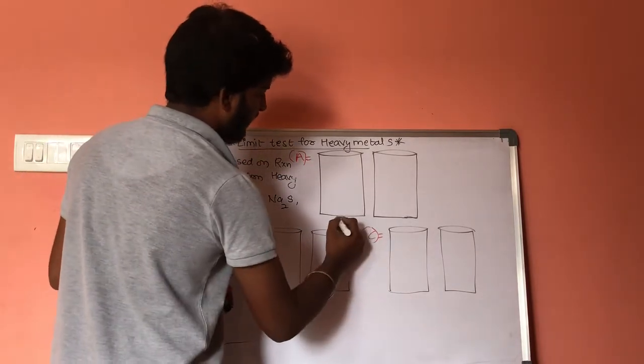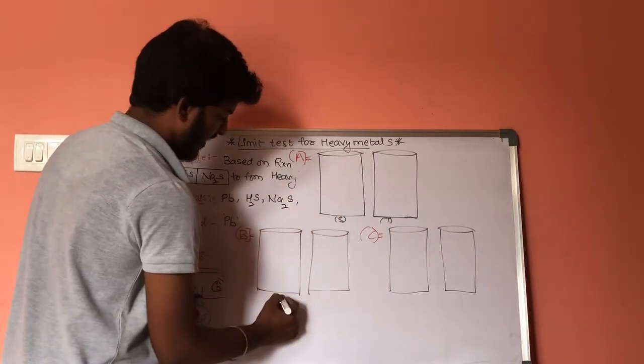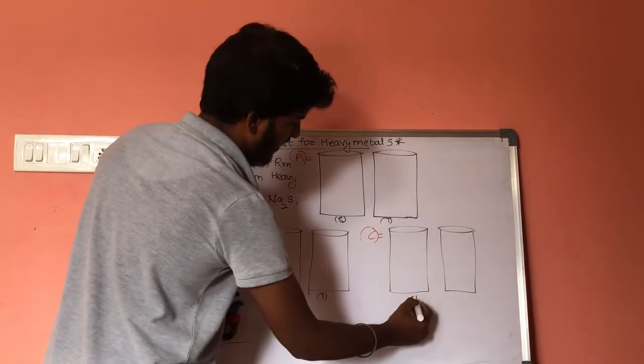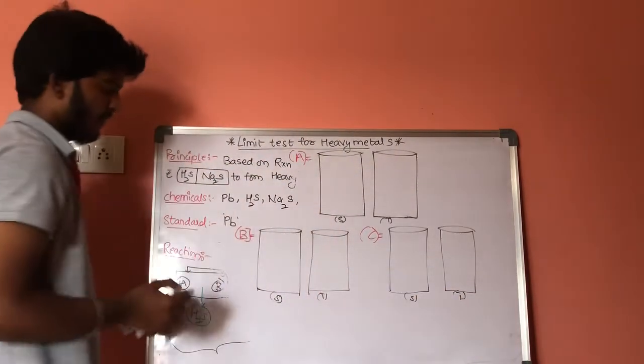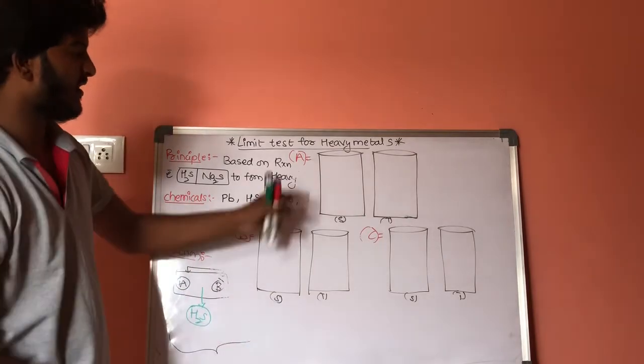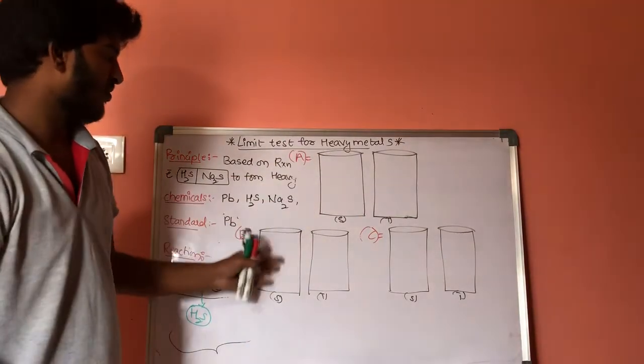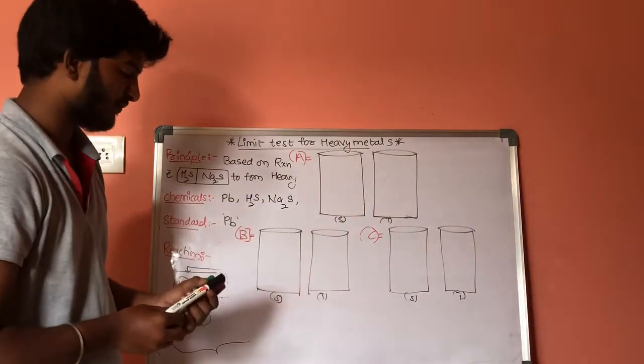Here this is standard and test, standard and test, and standard and test. Now one common thing in these A, B, C methods is that the standard solution will be the same.